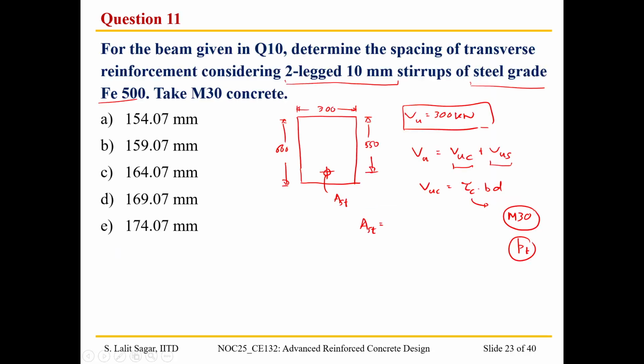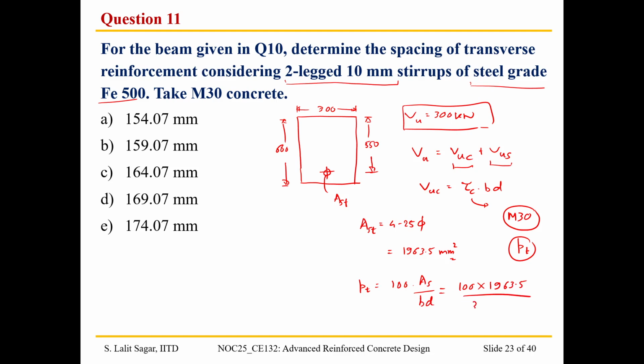AST is 4 of 25 diameter, that is 1963.5 square mm. So what would be the PT value now? PT is equal to 100 into AST by BD, that is 100 into 1963.5 divided by BD.